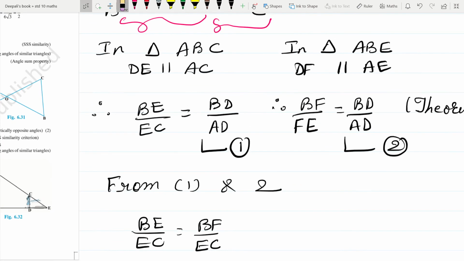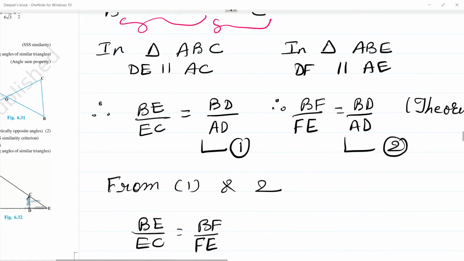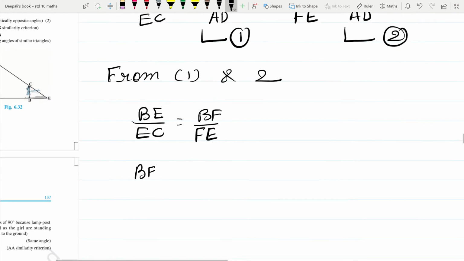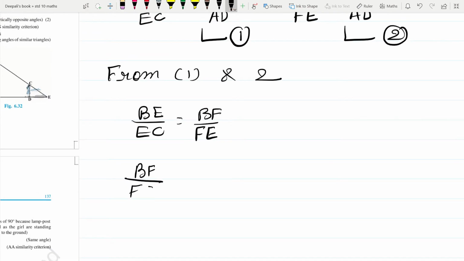So we can say, now if we go back to our result, we get BF upon FE is equal to BE upon EC. This is our required result.